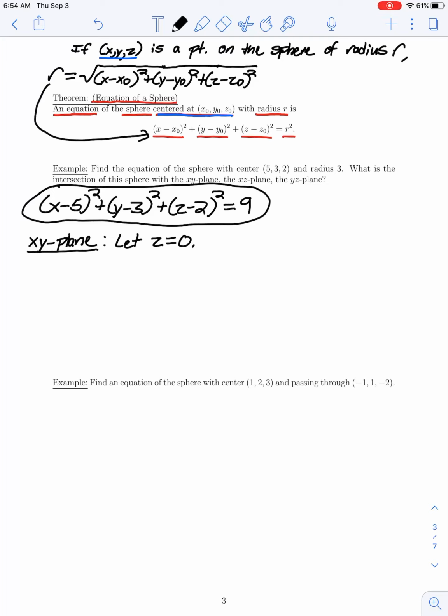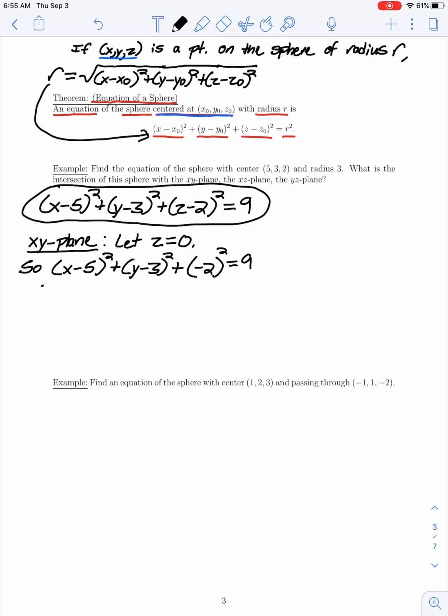And we have our equation as follows: (x - 5)² + (y - 3)² plus, when we substitute z equals 0 into this equation for our sphere, we would be left with just (-2)² equal to 9.